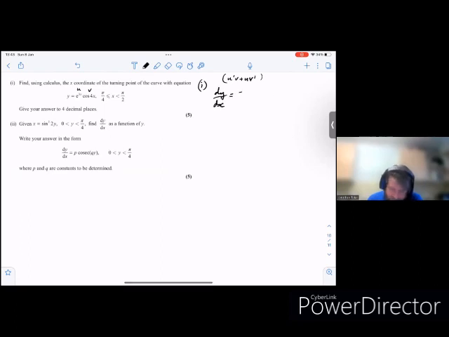u dash is 3e to the 3x times v, so cos 4x, plus u, e to the 3x, times v dash, which is minus 4 sine 4x.